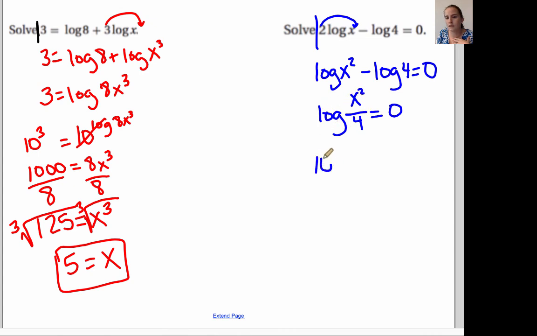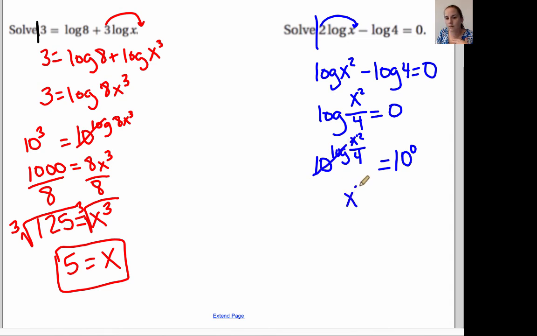So I have 10 to the log of x squared over 4 equals, and then over here this gets raised up into the exponent, and I'm using a base of 10 again, 10 to the 0 power. Well, we know that that cancels the log here.